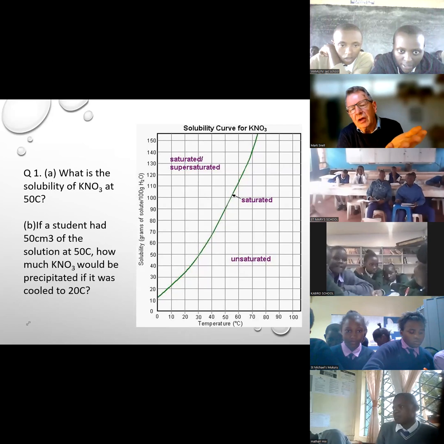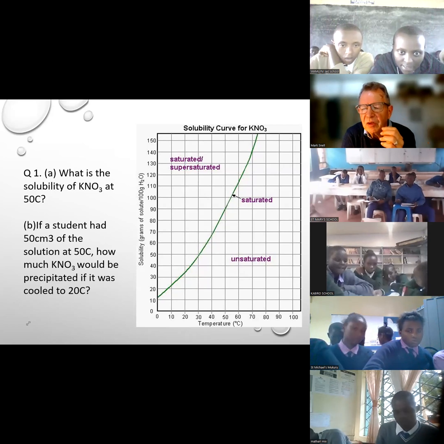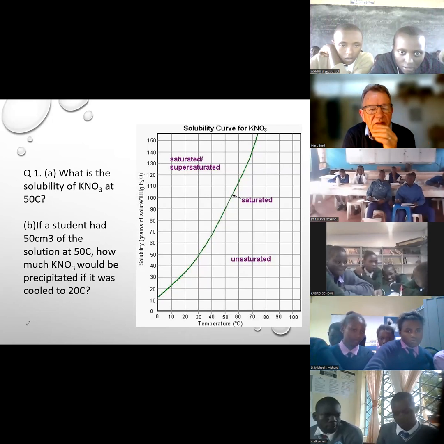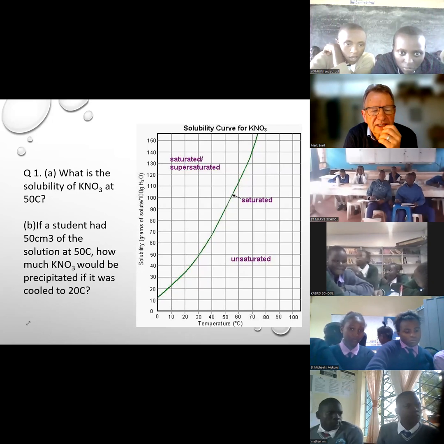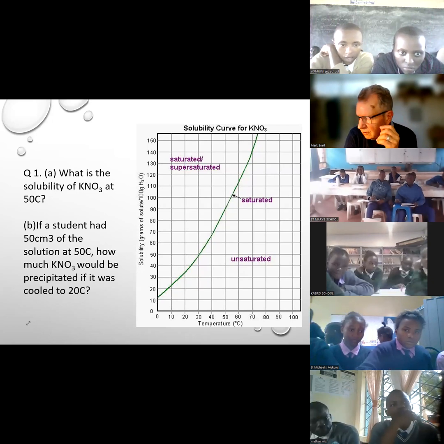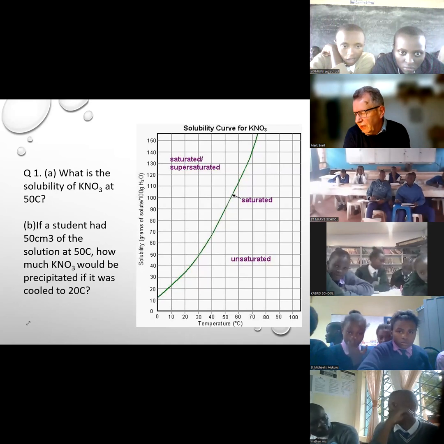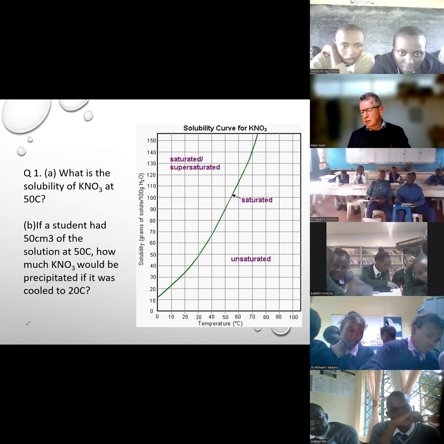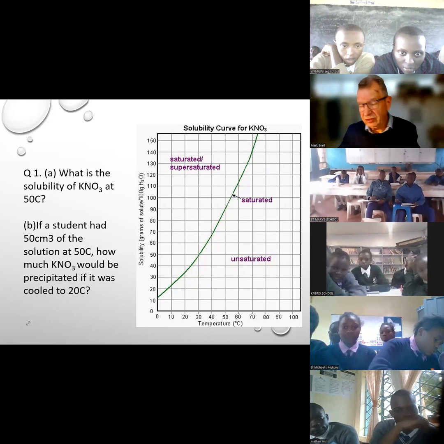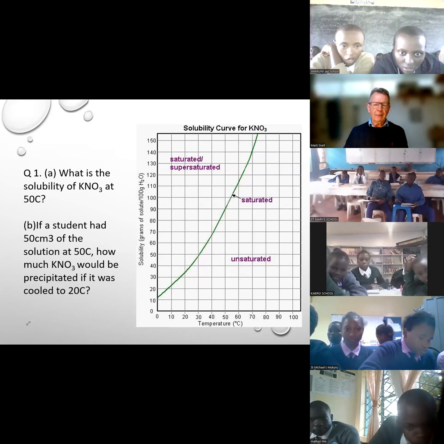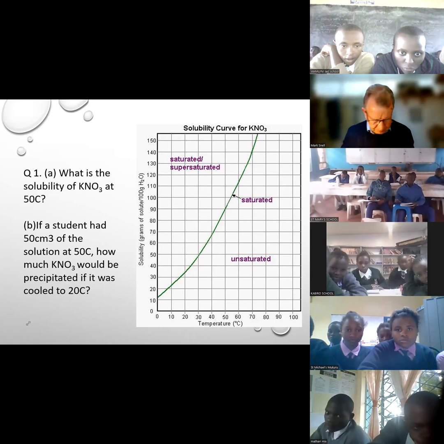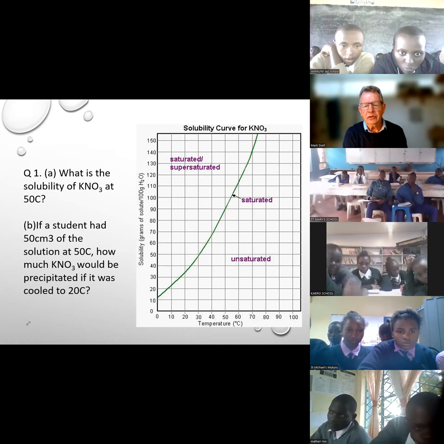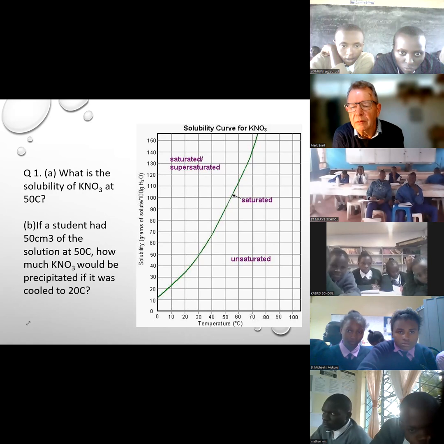What is the solubility at 50? And if they took 50 cubic centimeters of solution and cooled it down from 50 to 20, how much would come out of solution? Just have a look yourself at the graph now.